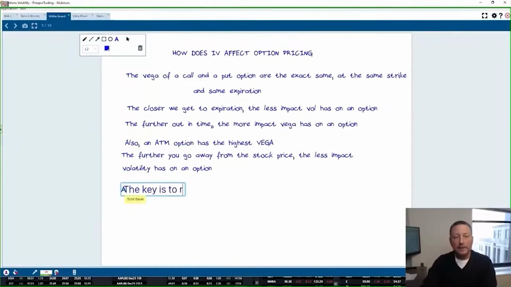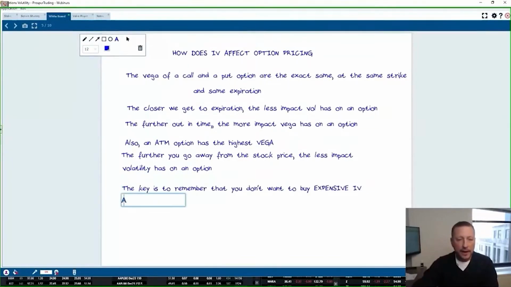Okay? The key is to remember that you don't want to buy expensive IV, and you don't want to sell cheap IV.